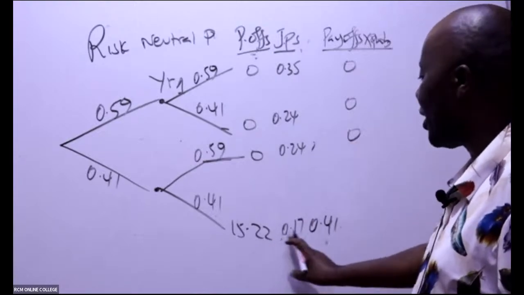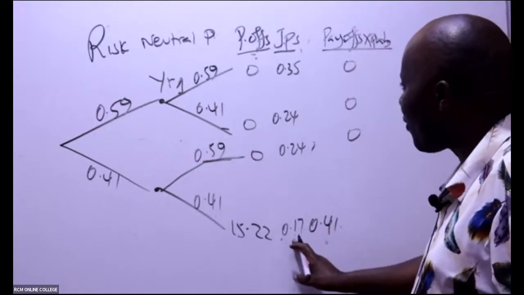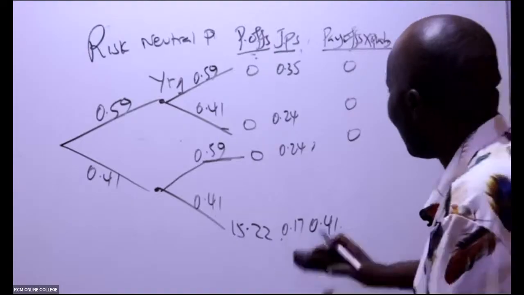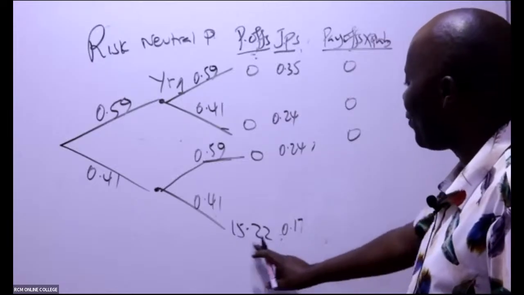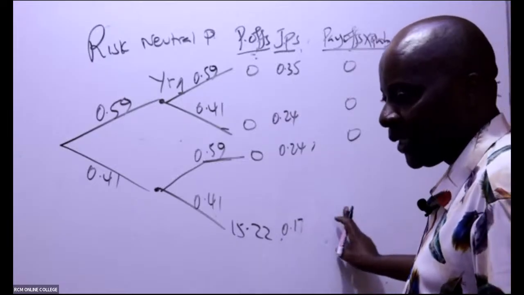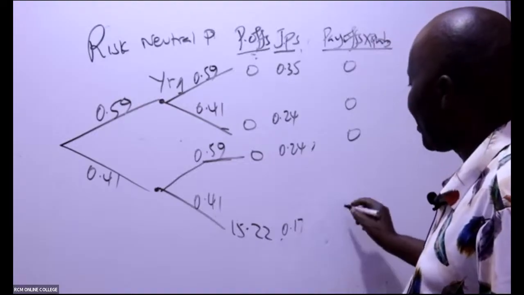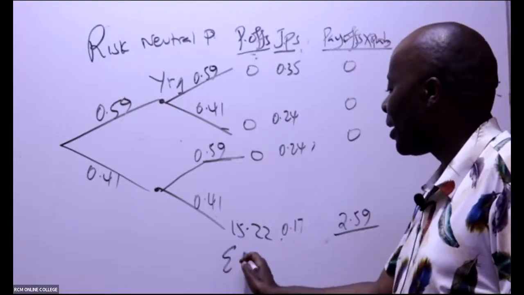Then 0.17 times 15.22. What are we supposed to be getting? 2.59.